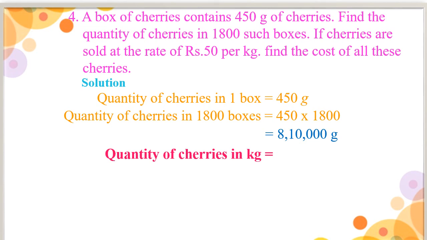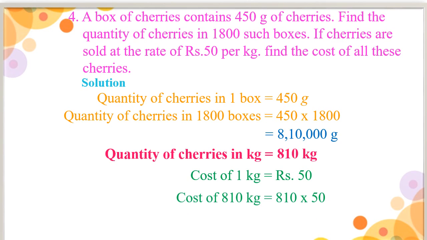That means we want to divide 8 lakh 10,000 by 1000, means we'll get 810 kilogram. Now cost of 1 kg equal to 50 rupees. Now we are going to find the cost of 810 kg equal to 810 multiplied with 50, we will get rupees 40,500.